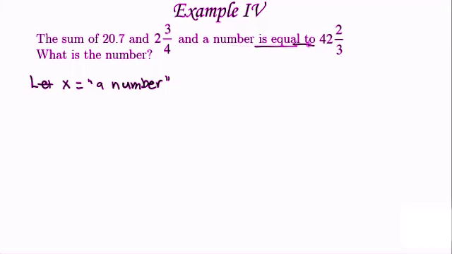And what I need to add is 20.7 and 2 3/4 and a number, and I said I'm going to call the number x, is equal to. Okay, so it's equal to 42 and 2/3.